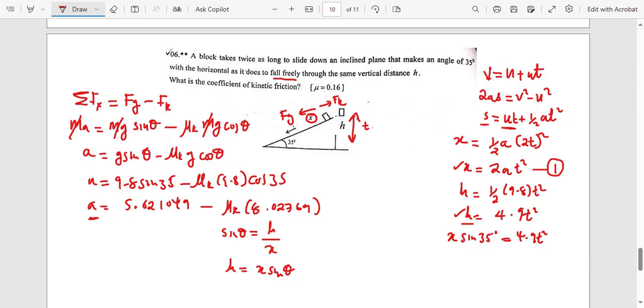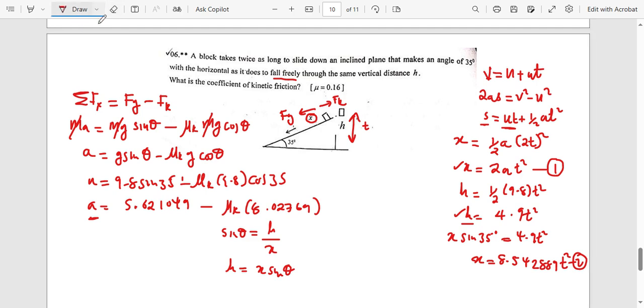So sin 35 is 0.57. I want to remain with just x, so I'll divide both sides by 0.57. We'll divide 4.9 by 0.57. That is going to give us 8.542889 t squared. This is equation 2. Now we can solve these two equations simultaneously.